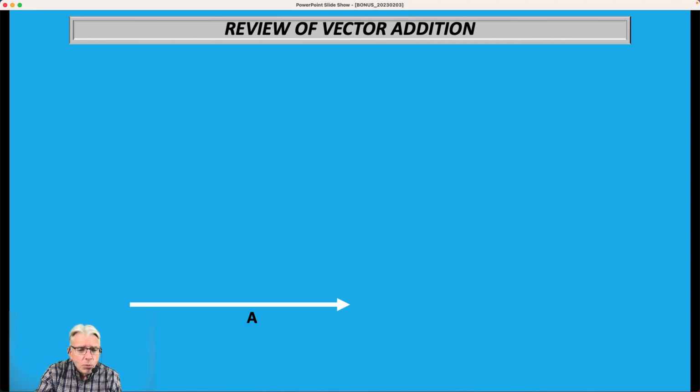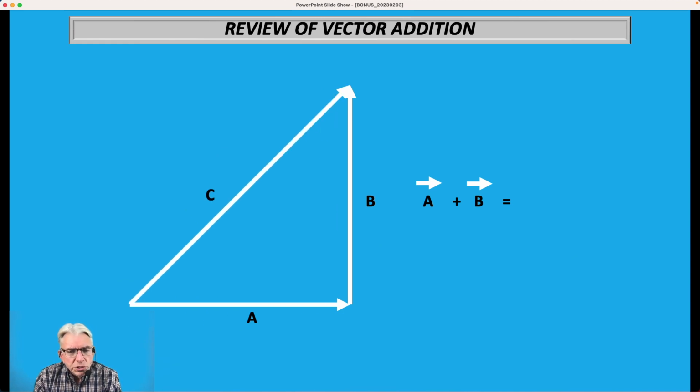If we have one vector, we're going to call it vector A, and we then have another vector, vector B, and we add those two, then this is the resultant vector, which we're going to call C. So you line up the beginning of the second vector with the end of the first one, and then you connect the beginning of the first one to the end of the second one, and that is your resultant vector. Okay, so that's how you add vectors.